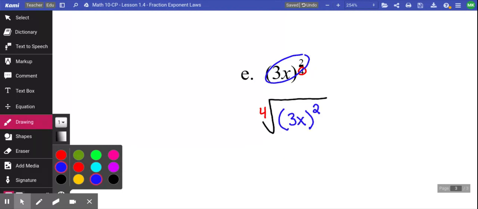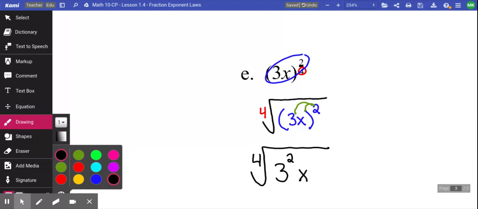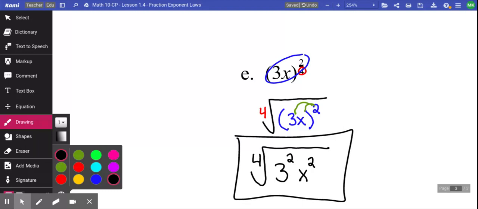Notice that I still have brackets around the 3x because I never used those brackets up. So it's bracket 3x bracket to the power of 2. And then that 2 needs to come into the brackets to become 4th root 3 squared x squared. If you change 3 squared to be 9, even better.